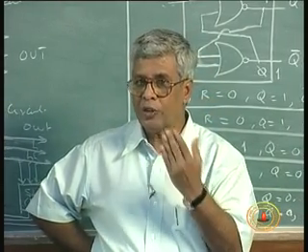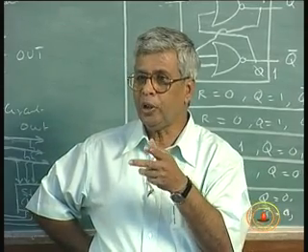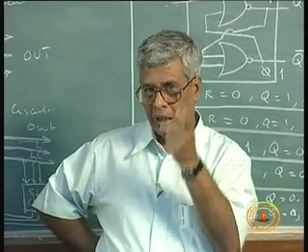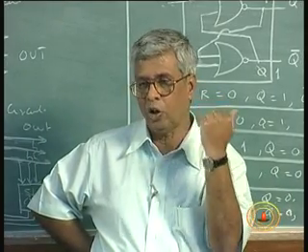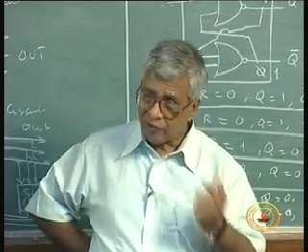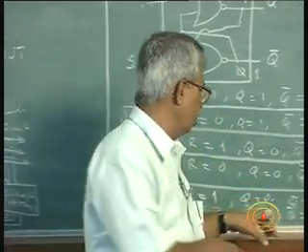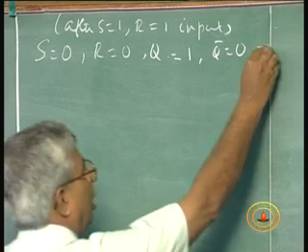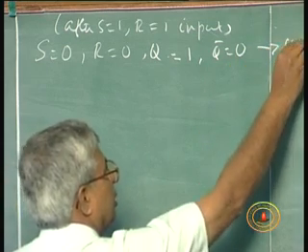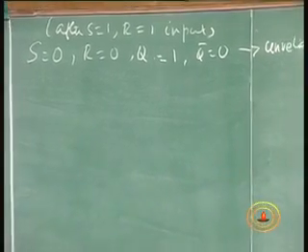Since we do not know which gate is going to be faster than the other, the output of the latch with S is equal to 0, R is equal to 0, after the condition S is equal to 1, R is equal to 1, becomes unreliable. So, these are unreliable outputs. When something is unreliable, I will not use it as a memory at all.